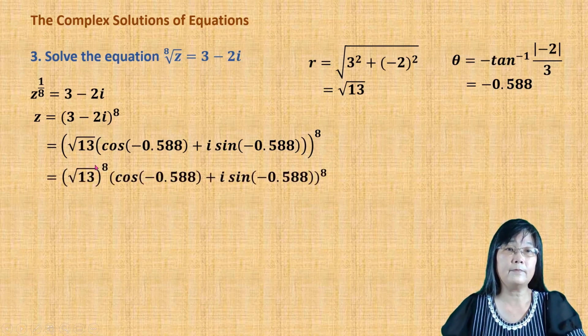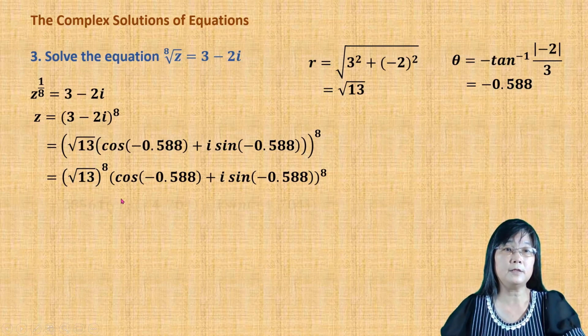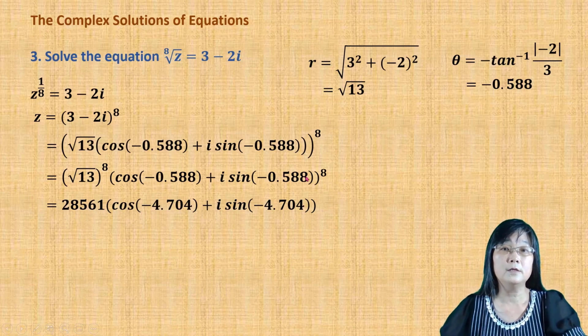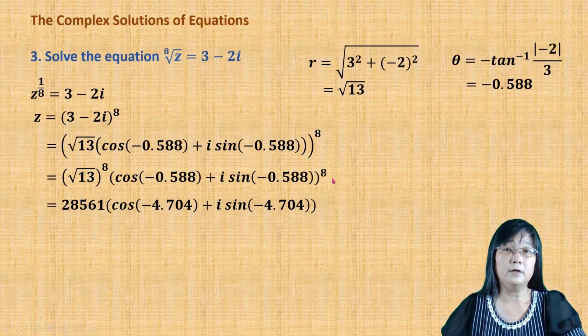First I separate the power. For the modulus, square root of 13 power 8 is equal to 28561. For the power of the complex number, under De Moivre's theorem, the argument is negative 0.588 times 8, which is equal to negative 4.704.